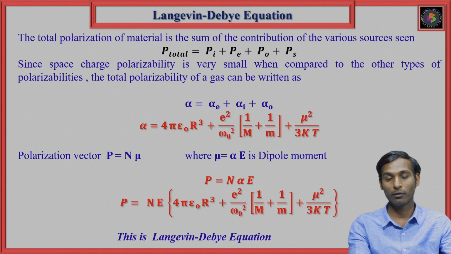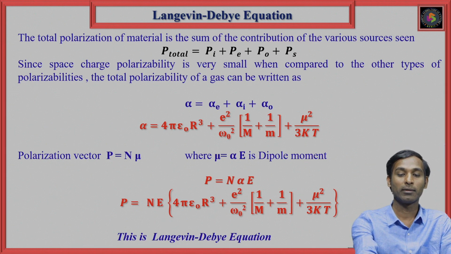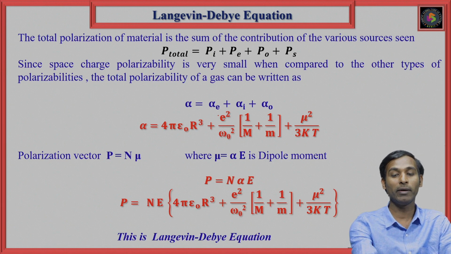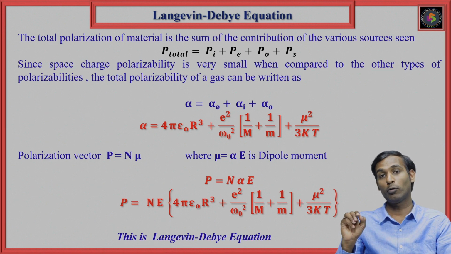Just a minute back, we derived the ionic polarizability equation. Now substitute the polarizability terms in this equation. Alpha is equal to 4 pi epsilon naught r cube plus the ionic polarizability equation, plus the orientation polarizability value. In this manner, our aim is to find the total polarization of the system.